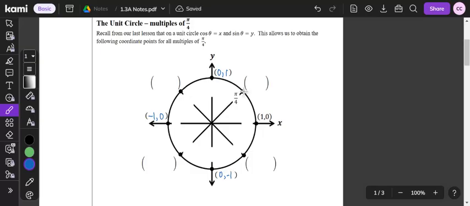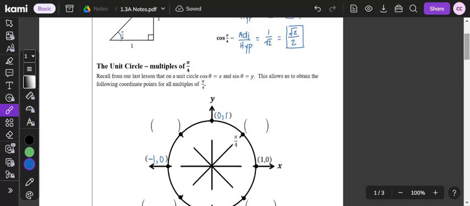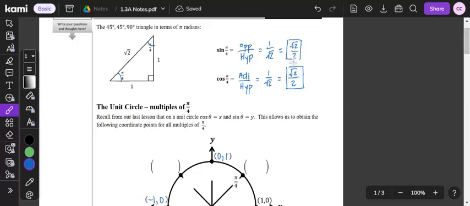But for the angled ones, so all these 45-degree offsets, all the coordinates are going to be exactly the same because the cosine and the sine values are exactly the same. So remember, cosine is the x coordinate, sine is the y coordinate, and in this case, they're both equal to each other.